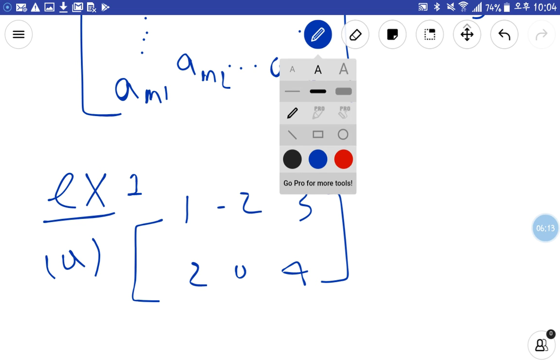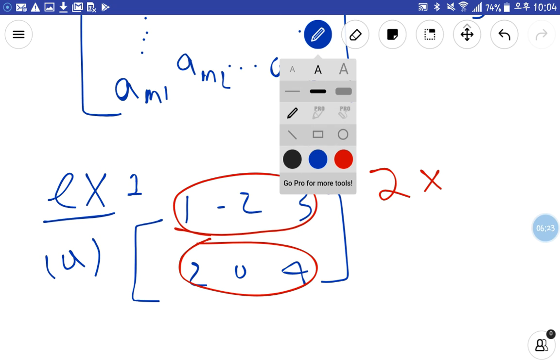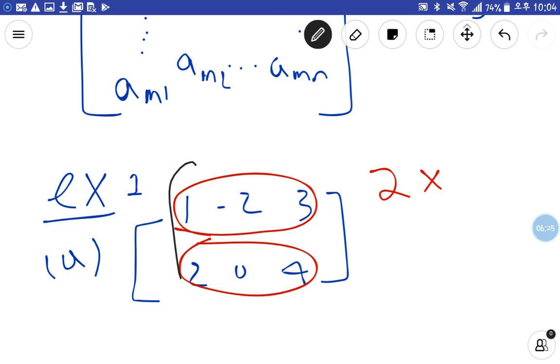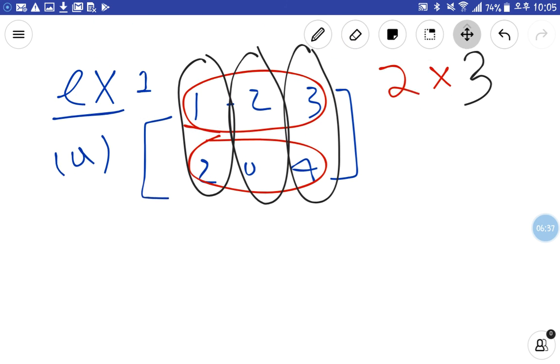How many rows do we have? 1, 2. So 2 by how many columns? 1, 2, 3 columns. So 2 by 3. That's my first answer. Can you guys do that? That's what we call the order of a matrix.